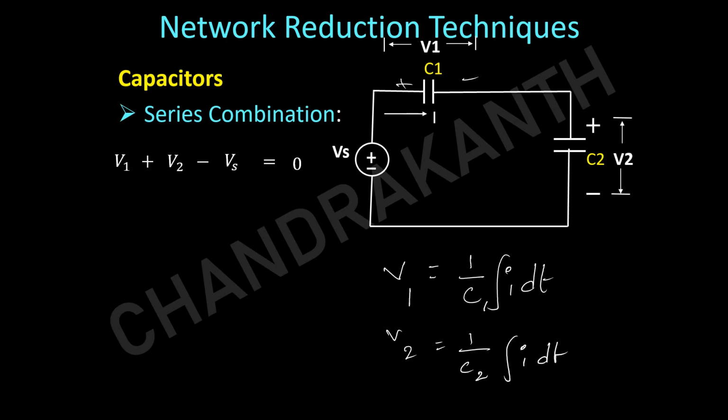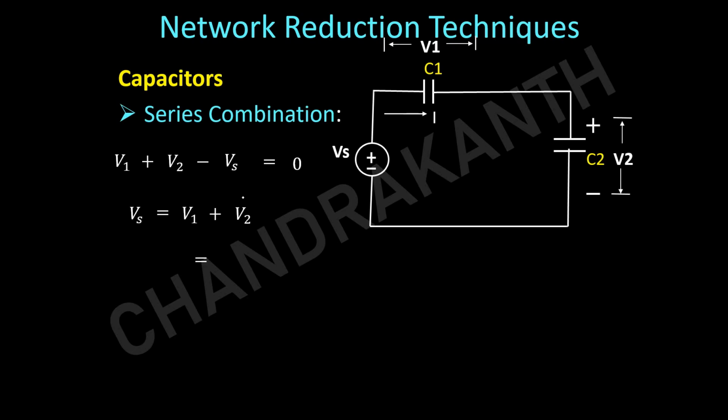So if you write this expression as Vs equal to V1 plus V2, and write V1 and V2 in terms of capacitors, you will have 1 by C1 integral I dt and 1 by C2 integral I dt. So Vs can be written as 1 by C equivalent integral 0 to t I dt.